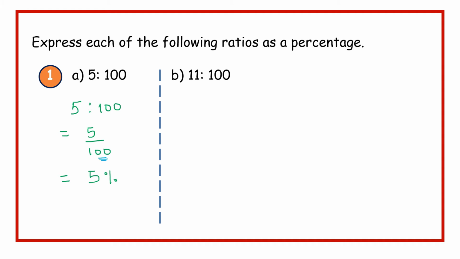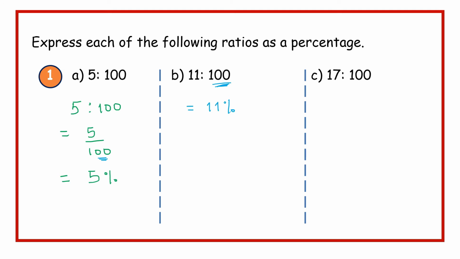In the second part, we have got the ratio 11 to 100. Already you see that the second part of the ratio is 100. So it implies that this is also the same as 11%. In part C, we can see that we have got 17 to 100.